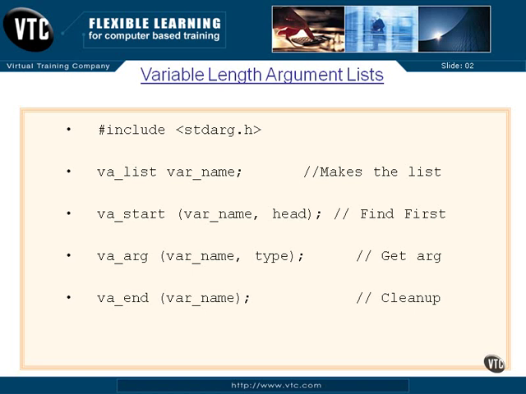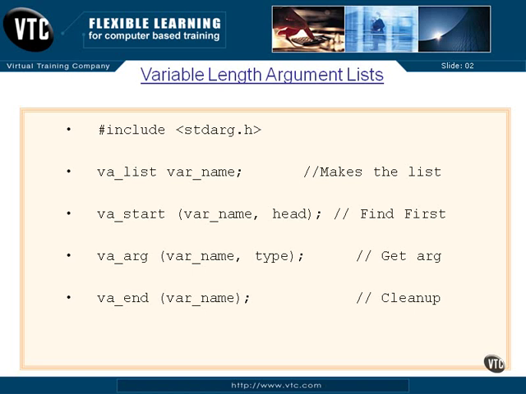Then va_start, we pass it the variable that we just created, the var_name, and something I called head on here, which is a piece of data that we know is right next to where this parameter list is. And I'll show you that in a sample piece of code here in just a second. Then we use va_arg, and again, that variable list name, and the type that we want to get out of there.